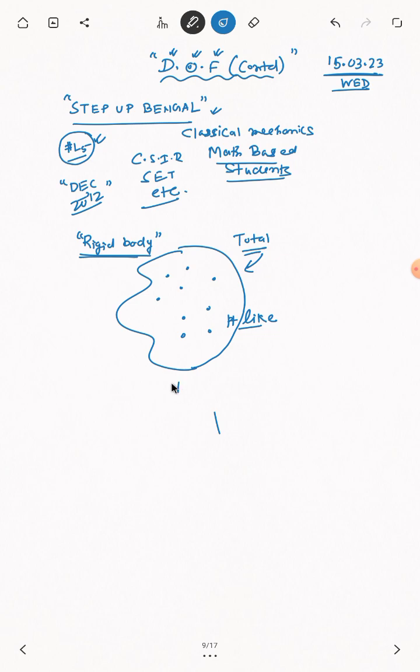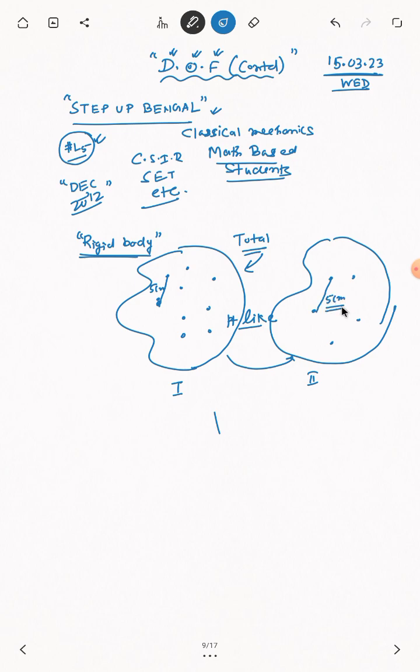Say this is the first position of a rigid body, and after some time this same body has moved up to here, and say the distance between these two particles in position 1 was 5 centimeter, then in position 2 it must be 5 centimeter also, otherwise we cannot call that a rigid body.